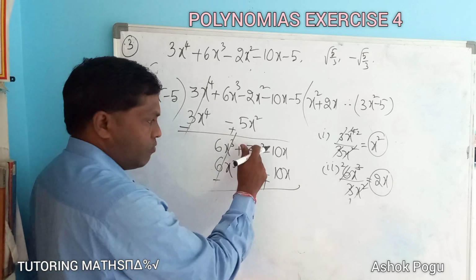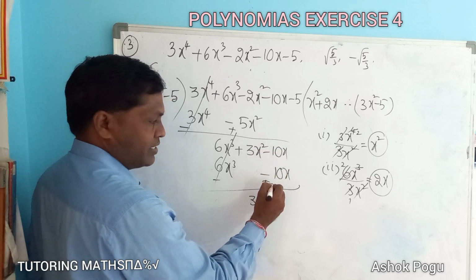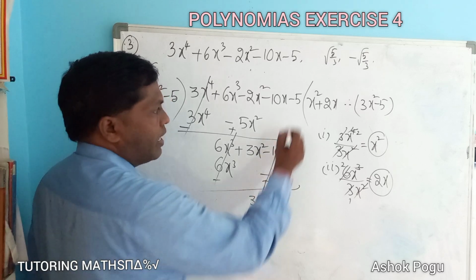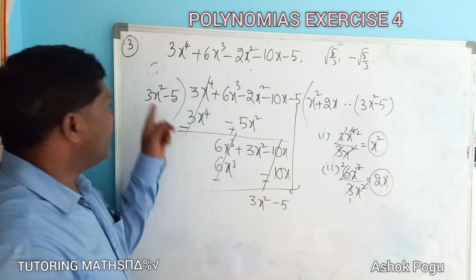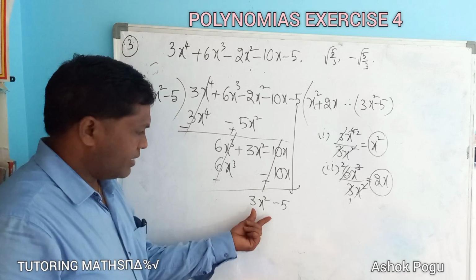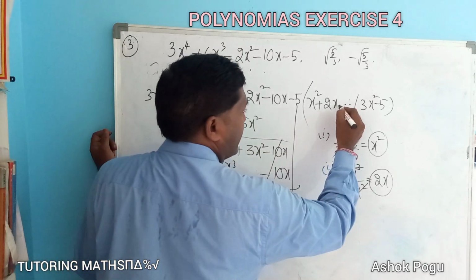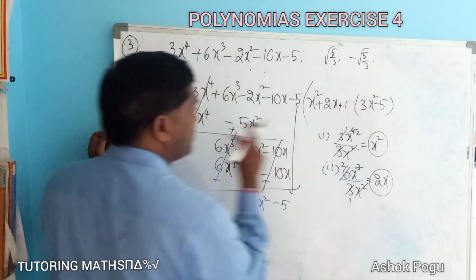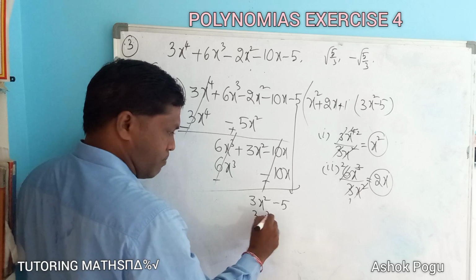And finally, what is left? 3x square minus 10x plus 10x gets cancelled, and the last constant term is minus 5. And it is 3x square minus 5. And this is also 3x square minus 5, just in one table. 3x square minus 5 ones are 3x square minus 5.